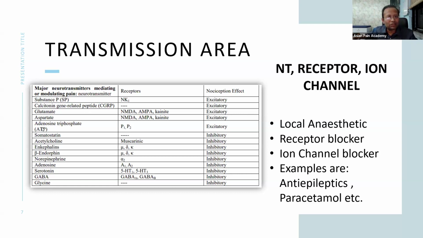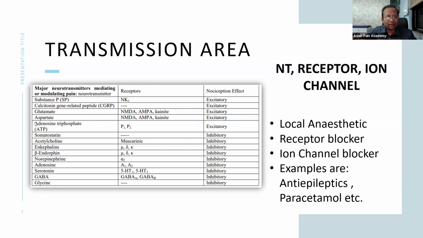these are the neurotransmitters: substance P, CGRP, glutamate, aspartate. Mainly substance P and CGRP are the important neurotransmitters which cause the inflammation and cause an excitatory effect on the receptor. Ultimately, the ion channels are mainly of calcium and sodium, that I'm telling.